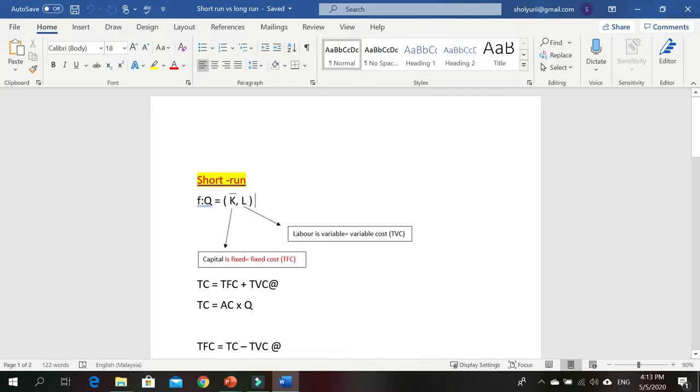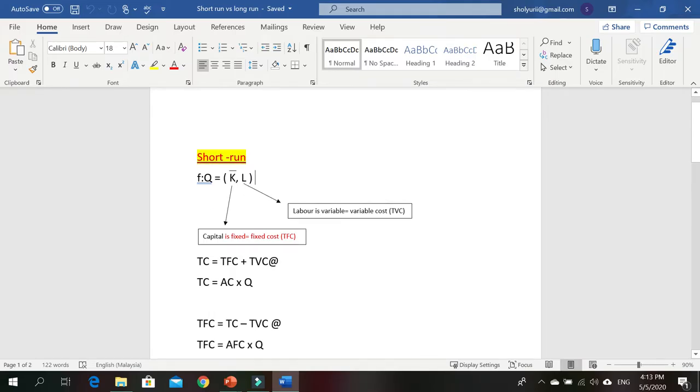While another input we use in our production process has no limit, meaning that it is variable, it changes. So when the input is variable, its cost will also be variable cost.